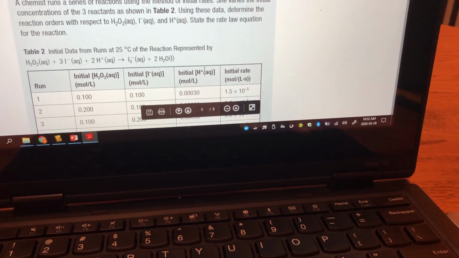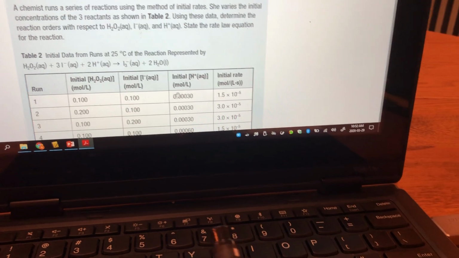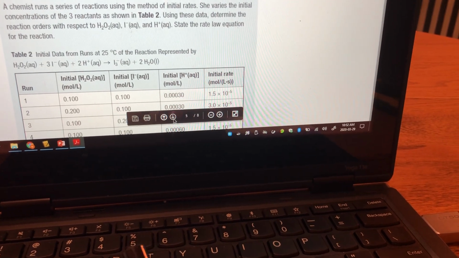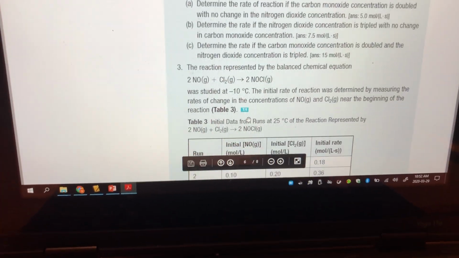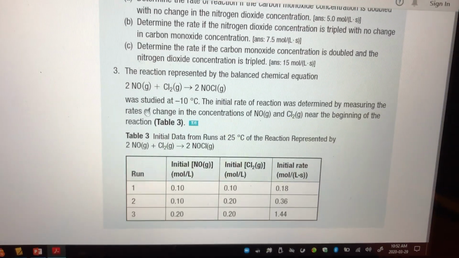Okay, so on page 380, I do believe this is page 380. Yep. Number 3. Okay, I want you to try this one.